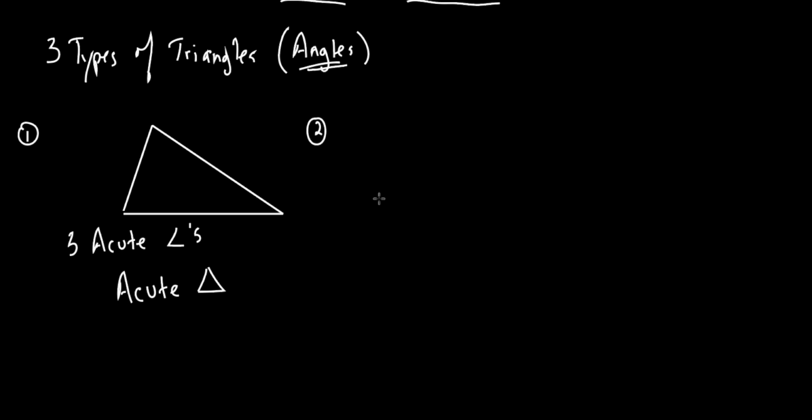I'm going to draw this one. It's still a triangle, but it's going to look a little bit different. I was going to do a different one, but we'll do this one. All right. And I'm going to put a little box right there. We've talked about that before. What's that little box? What does that indicate is true about that angle?